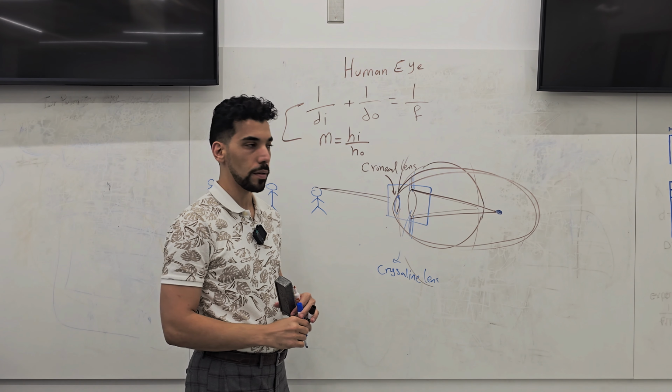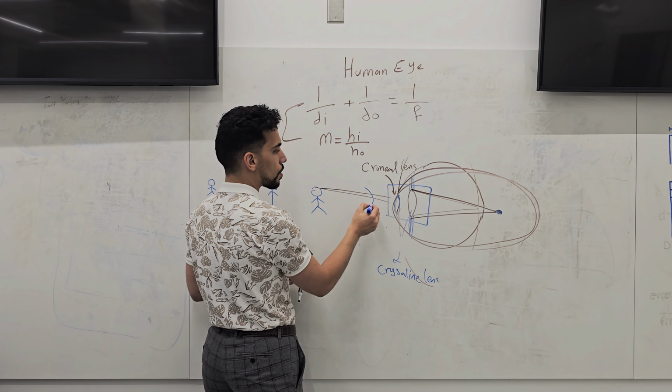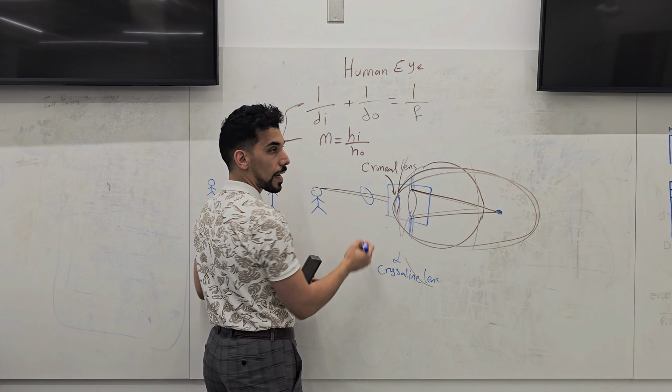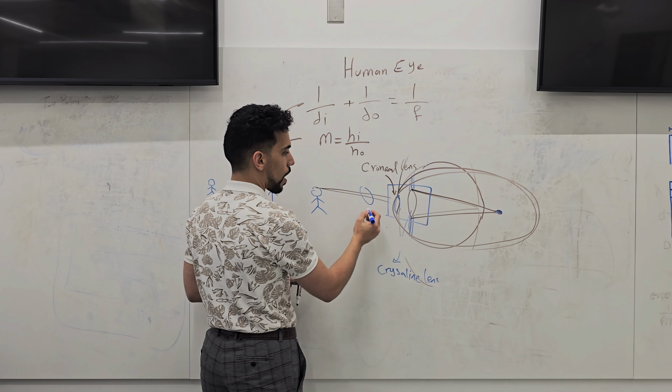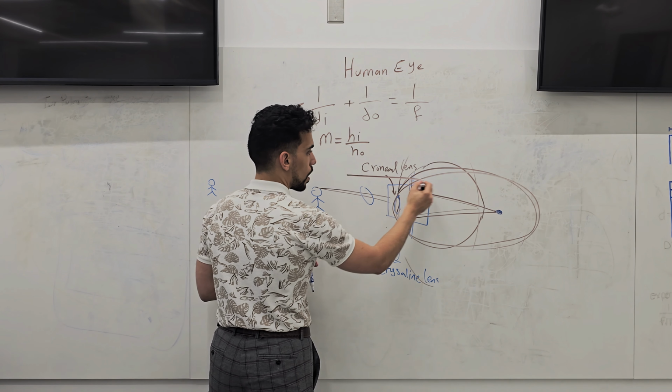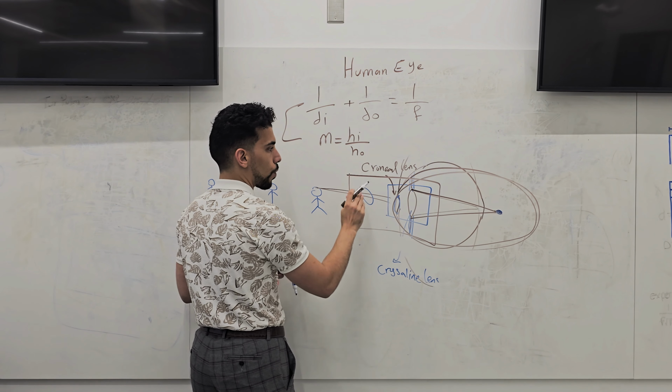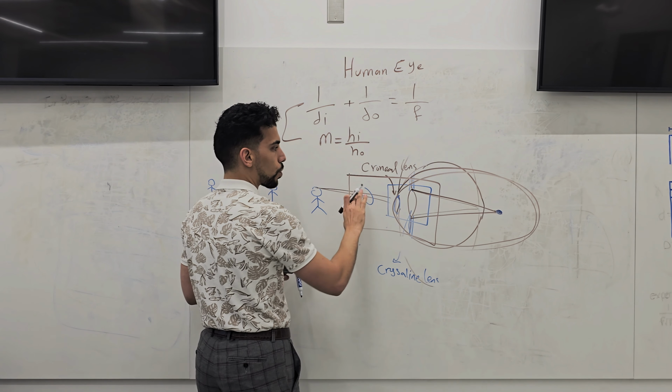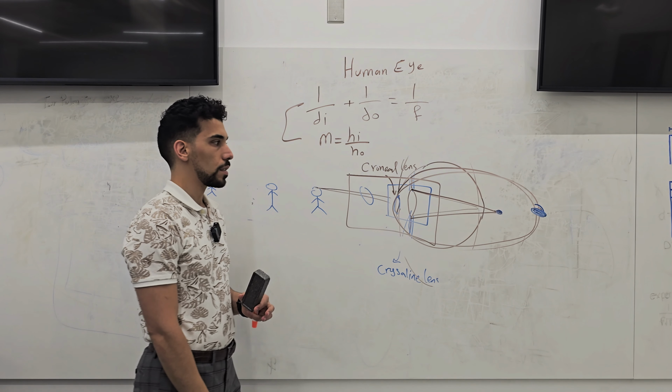That's why we might need eyeglasses in front of the eye, so that the whole system makes the light converge at the retina location itself.